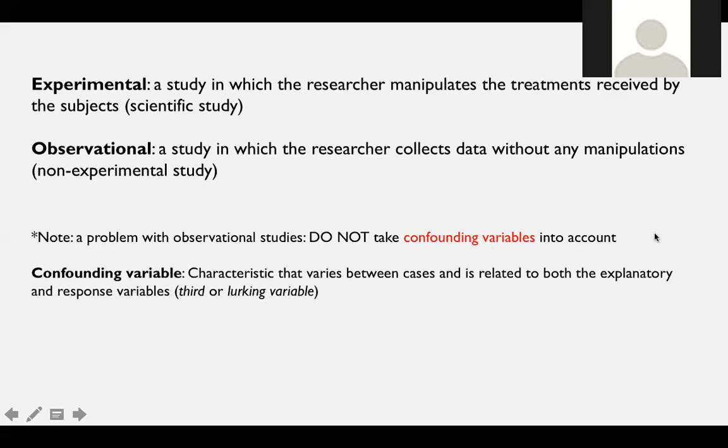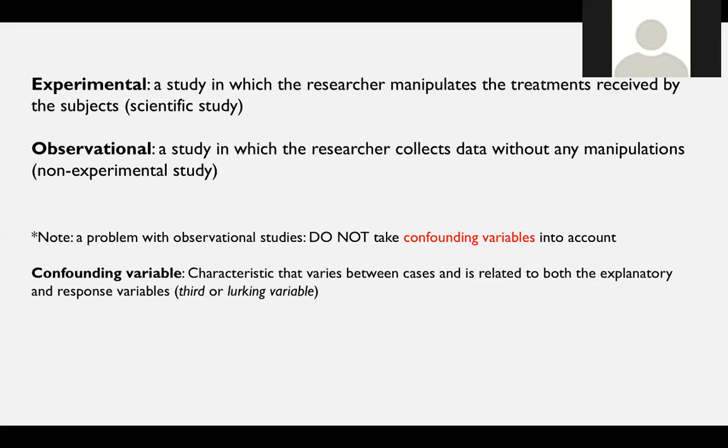So a problem with observational studies is that they do not take confounding variables into account. Confounding variables, also known as third or lurking variables, vary between cases and are related to both explanatory and response variables.